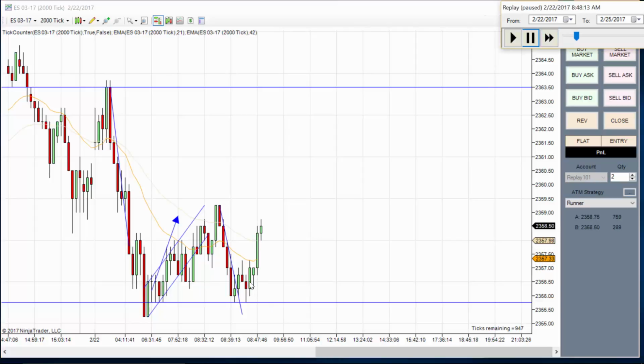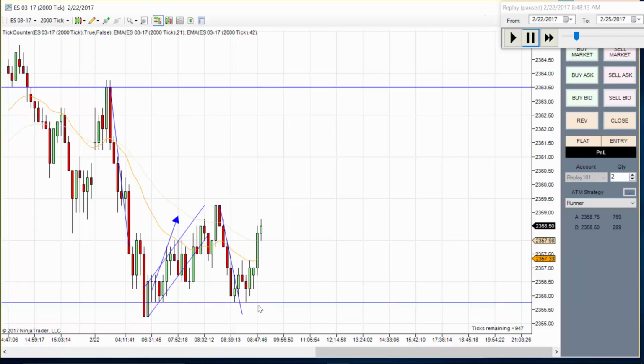We'll pause it here. This would probably be a decent place to go long. You're running into the EMA as the only problem, but you've come down and tested this low a number of times, then pulled back and went up.